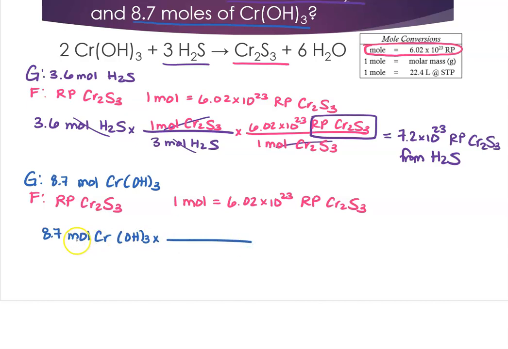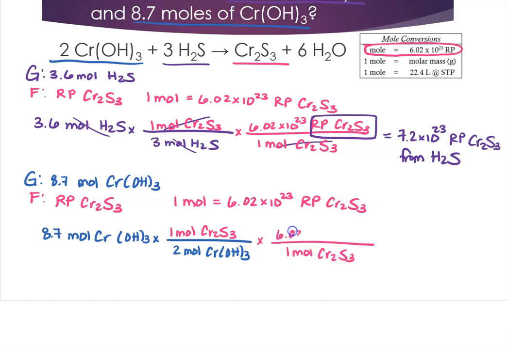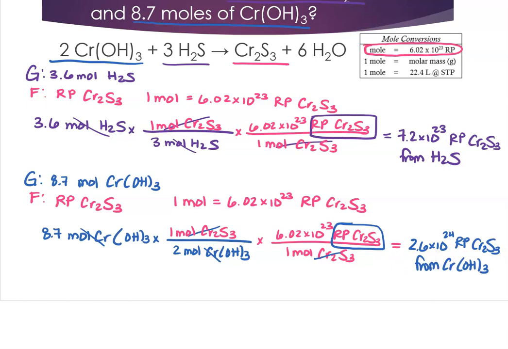So since I'm starting with moles, jump right into mole ratio. So 2 moles CrOH3 on the bottom, and then 1 mole Cr2S3 on top, and then same as above, 1 mole Cr2S3 on the bottom, and 6.02 times 10 to the 23rd particles on top. All right, and when I do this math, I get 2.6 times 10 to the 24th RPs Cr2S3 from CrOH3.